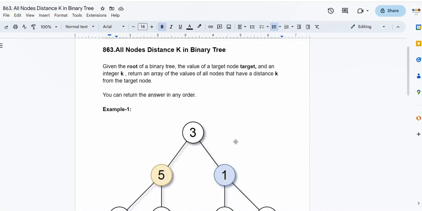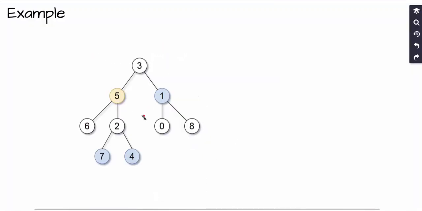Fine. So let's better understand the problem statement using an example. Here we have an example. In this binary tree, this is the target node, which is 5, and we want to find the nodes which are at a distance of k equals 2. We can see that from this node 5, the nodes which are at a distance of 2 are 7, because we are 2 edges away from 7.